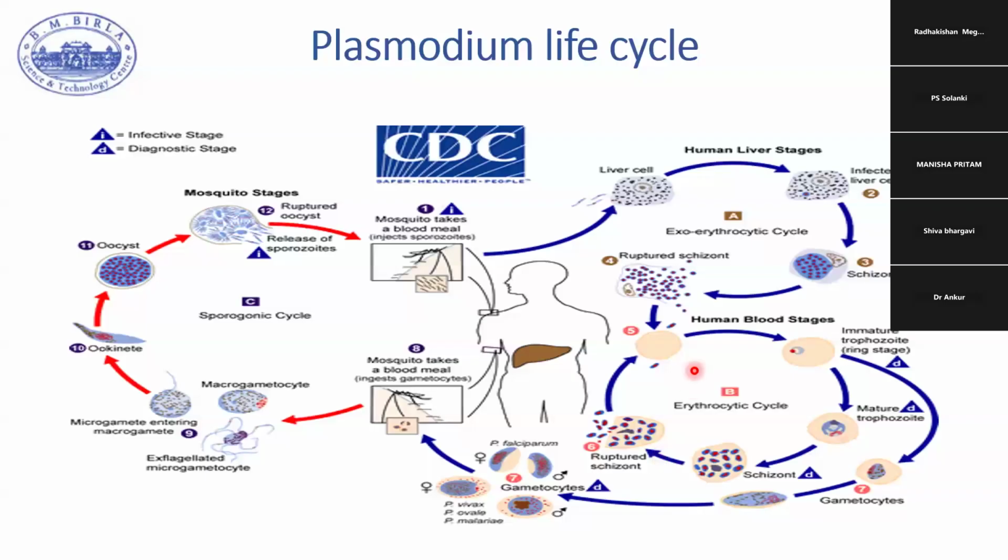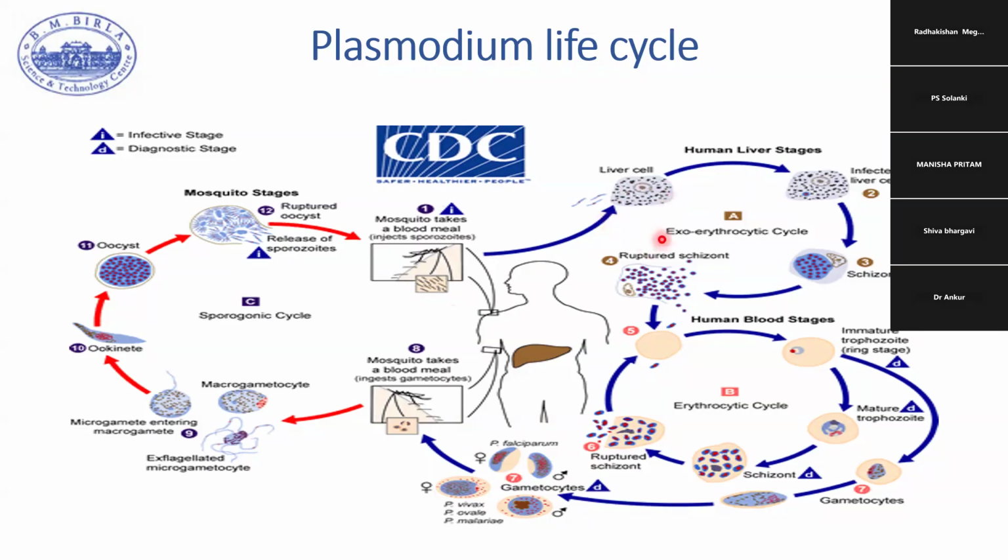But in the blood stage, it's very difficult to destroy these pathogens because they are inside the blood cells. And in liver cells, it's very difficult to identify, because growth is very slow. It takes only 24 to 48 hours to grow inside these hepatic cells, and when it grows, it does not come into direct contact with our immune cells. So it's very difficult to develop a vaccine for this.